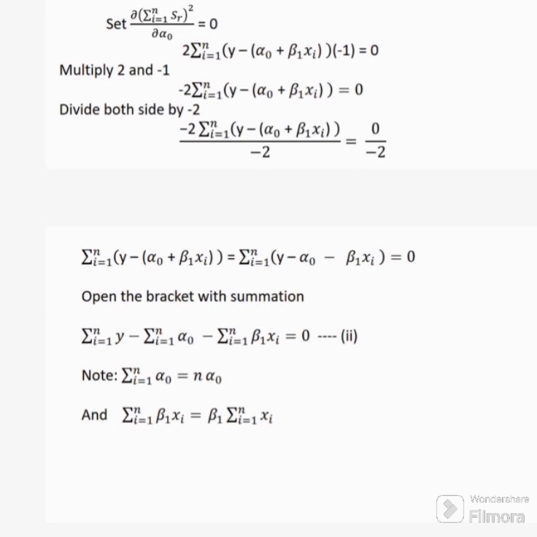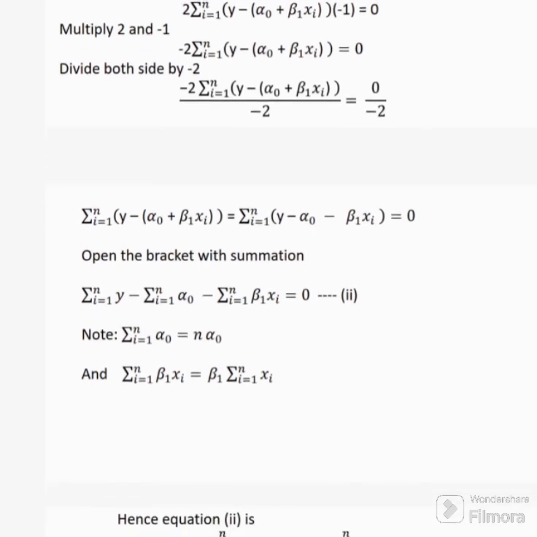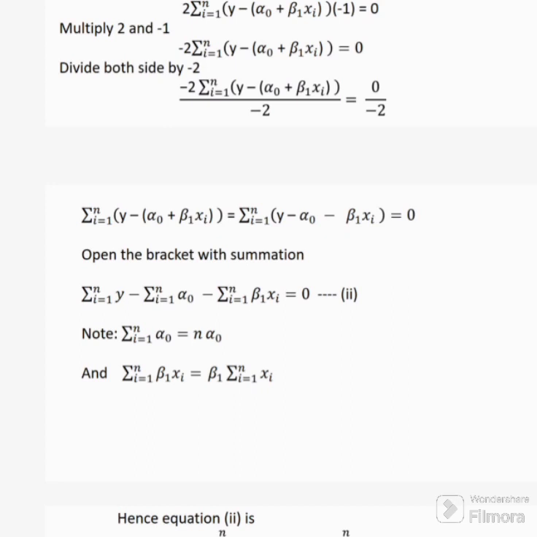The reason why we set it to 0 is because there is no alpha naught that we are taking the derivative with respect to in that side. That's the reason why we set it to 0. So, after that, we have this equation. We have the right hand side equation. Remember the right hand side equation.